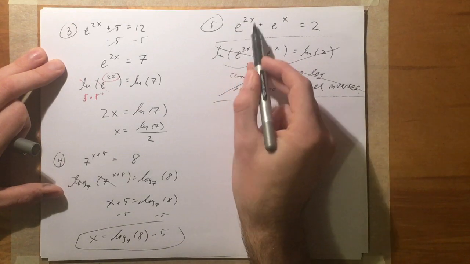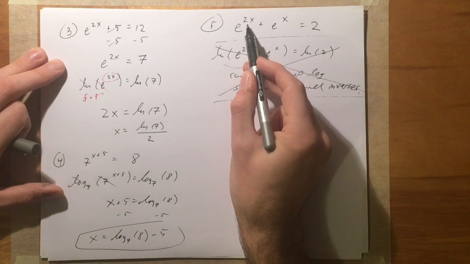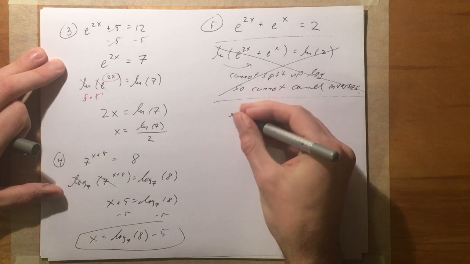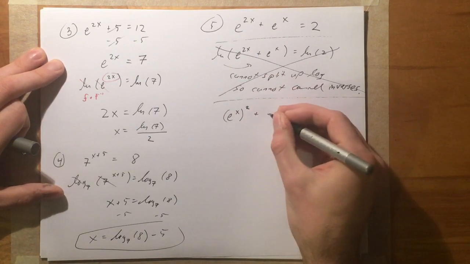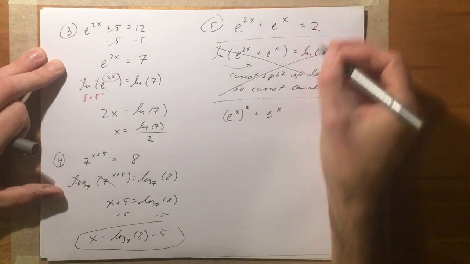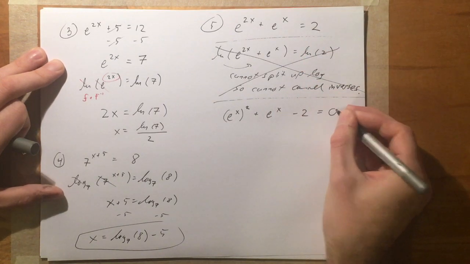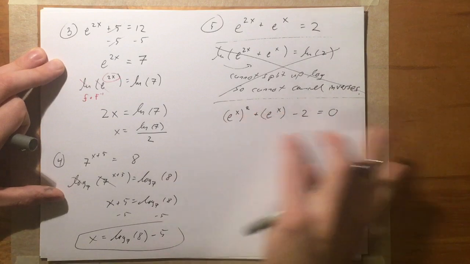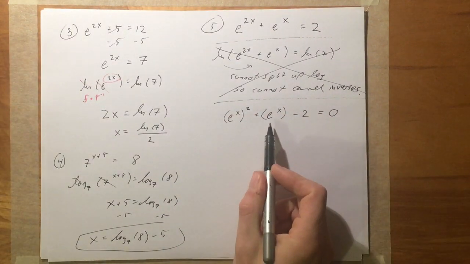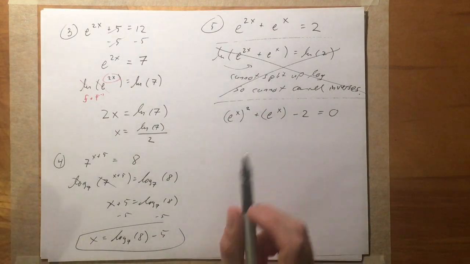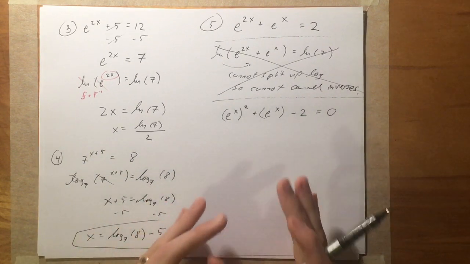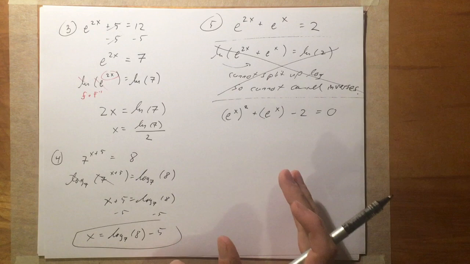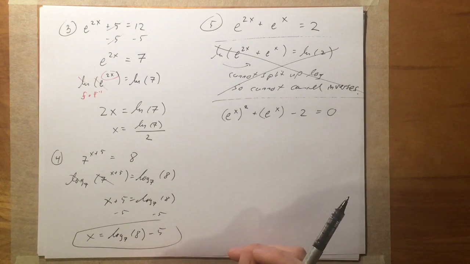If you look at e to the power 2x, you can use the power rule for exponents to rewrite that as e to the x quantity squared. And then let's subtract 2 from both sides and get it equal to 0. I'm specifically putting it in that format, and I'm going to put the parentheses around e to the x as well, even though I don't need to, just so that you can stare at that for a second and think, have I ever seen a strategy that would help me solve something like that?